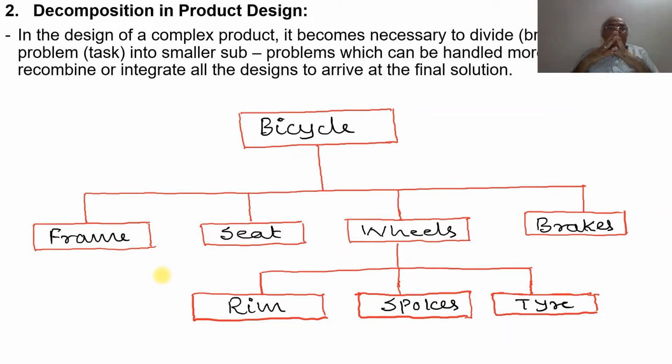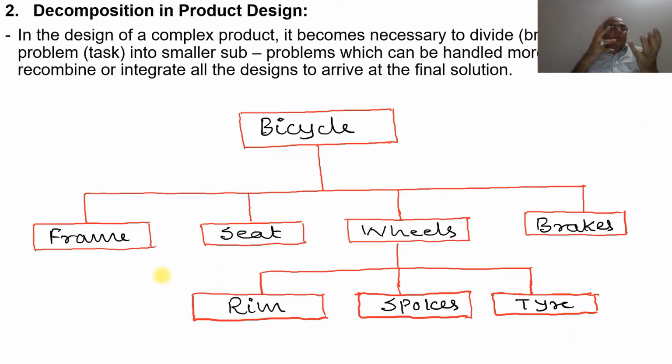In the design of a complex product, it becomes necessary to divide, that means to break the design problem, that is the task, into smaller sub-problems which can be handled more easily, and later recombine or integrate all the design to arrive at the final solution.